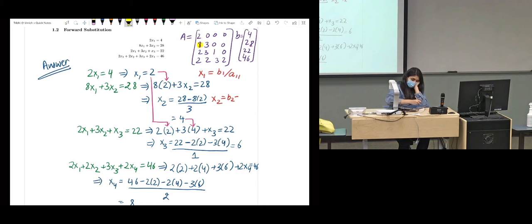And this term becomes A21, so row number 2, column number 1, times what was the value of x1. So it's x1 divided by 3, which is the coefficient of x2 in the second equation. This thing right here, which I note is A22.